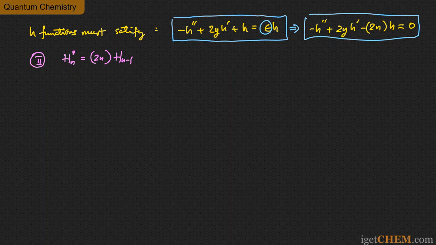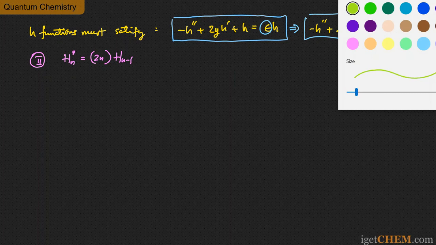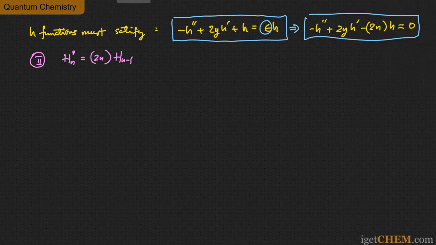So what we mean by that is, instead of proving this, the only thing we can actually prove is that this is equal to something multiplied by h_{n-1}. To be completely explicit, let me write h_n prime of y is equal to something times h_{n-1} of y.